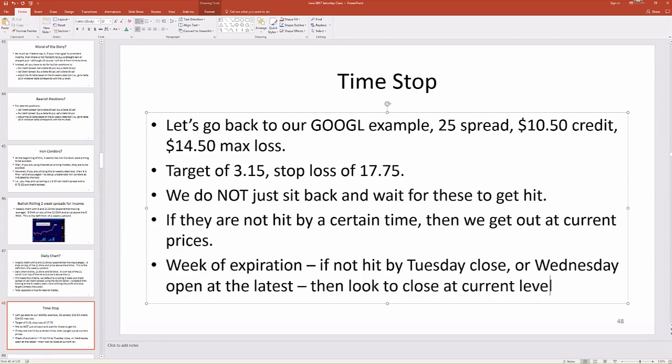Does that make sense? Essentially, you'll get into something on Monday that expires the following week. And if your parameters haven't been hit, 6 trading days later, that Tuesday, you're just going to get out. So this isn't a 3-bar thing. That's more for directional trades. Does that make sense?